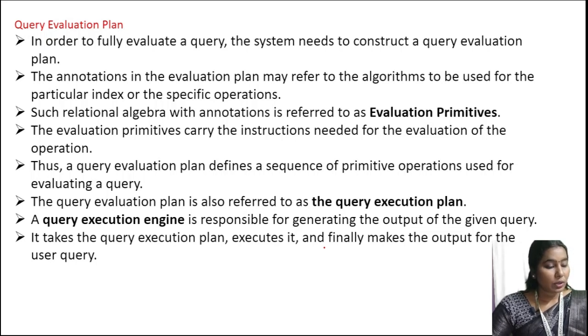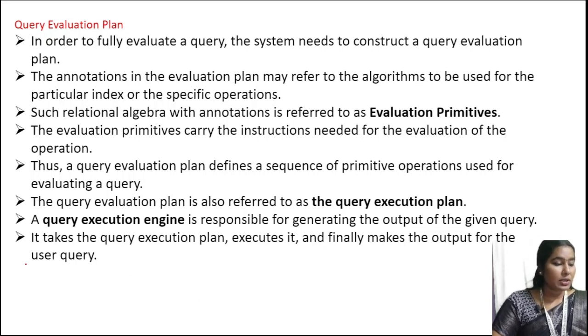Here the relational algebra operations with the instructions are called what? Evaluation primitives. Relational algebra with annotations is referred to as evaluation primitives. These carry all the details needed to execute each operation.